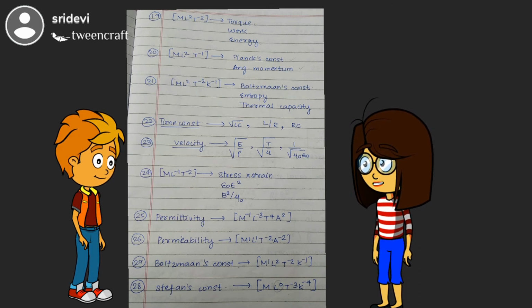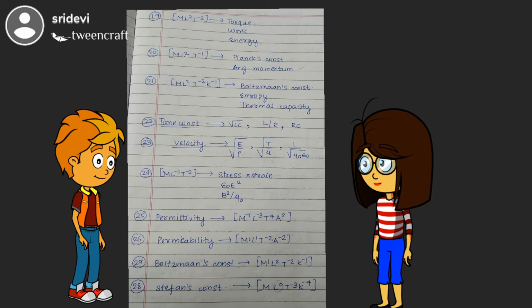Boltzmann constant, entropy and thermal capacity have the dimension M L square T to the power minus 2 K to the power minus 1. Time constant can be written as root of LC, L by R or R into C.